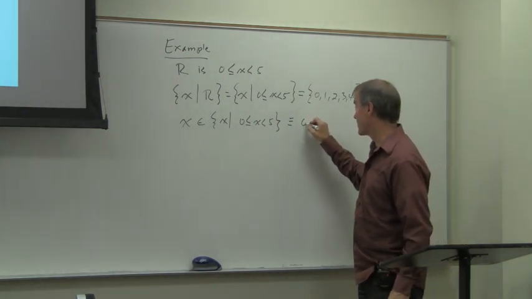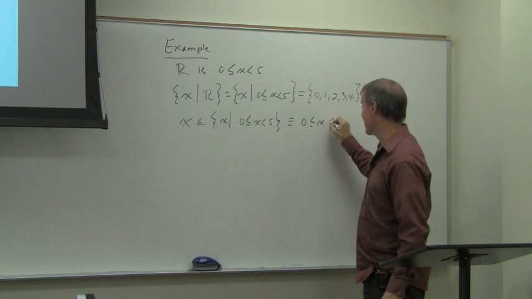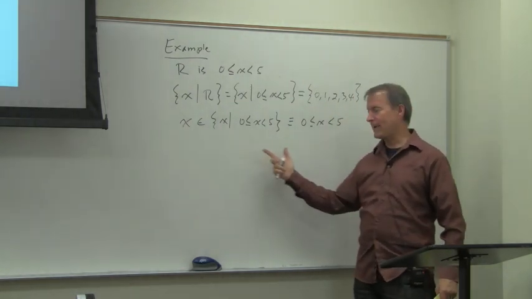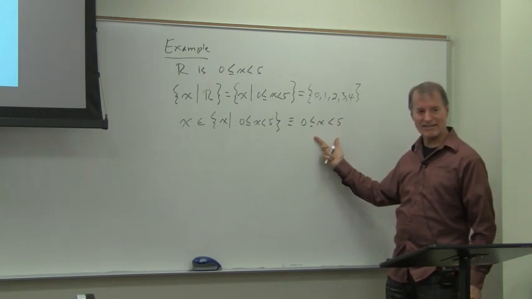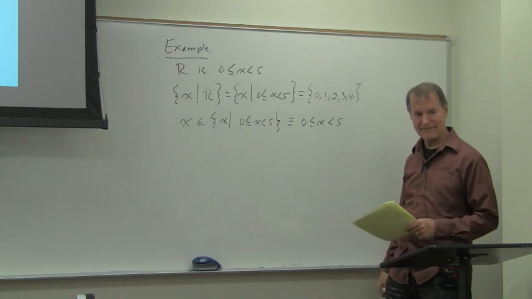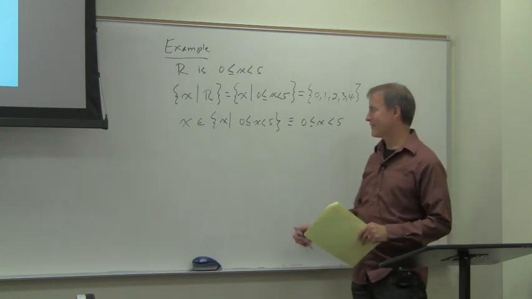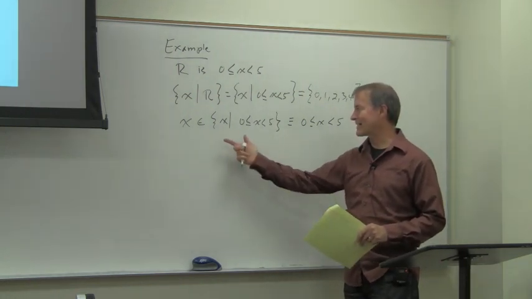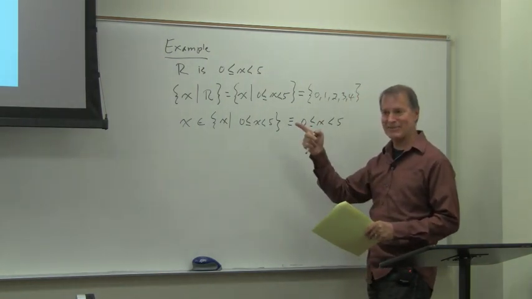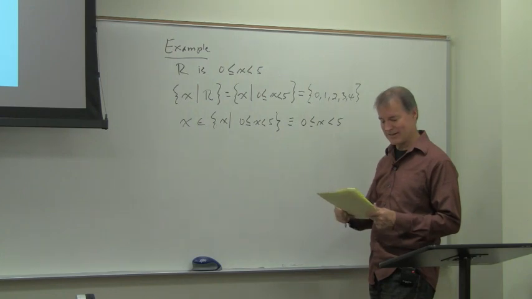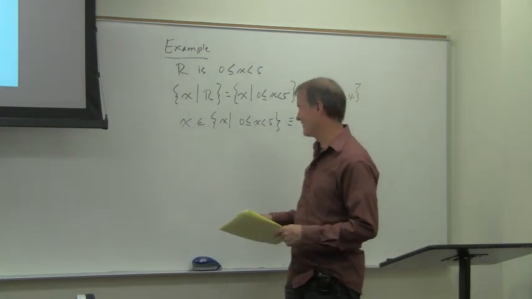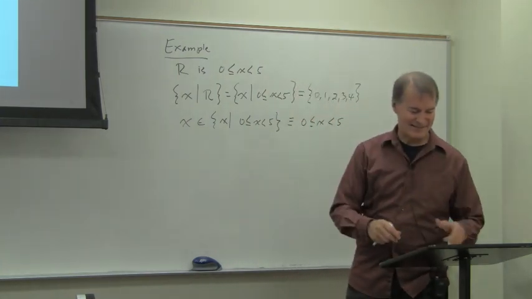This equivales 0 less than or equal to x less than 5. Because this is true or false depending on whether x is part of that range. If x is part of that range, then it would be true, and if it's not part of that range, then it'd be false. So it depends on the range. In fact, this expression is the range. That's what that's telling us. Does everybody see how that worked?